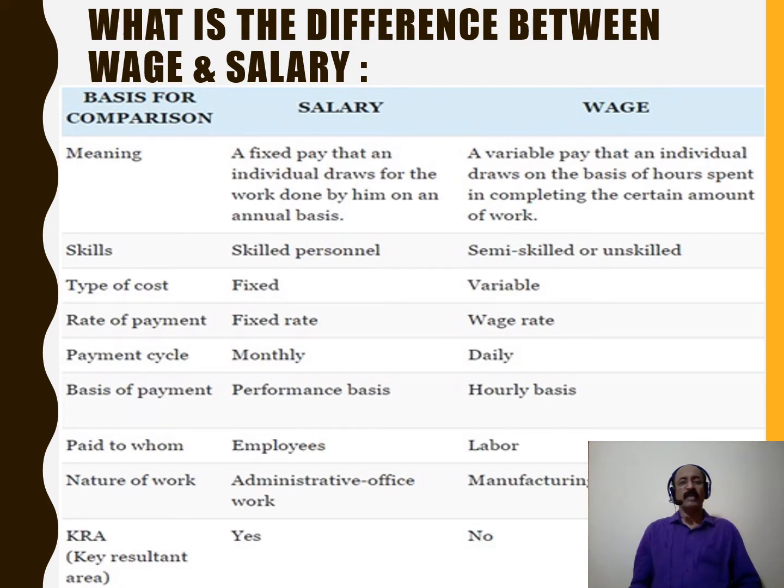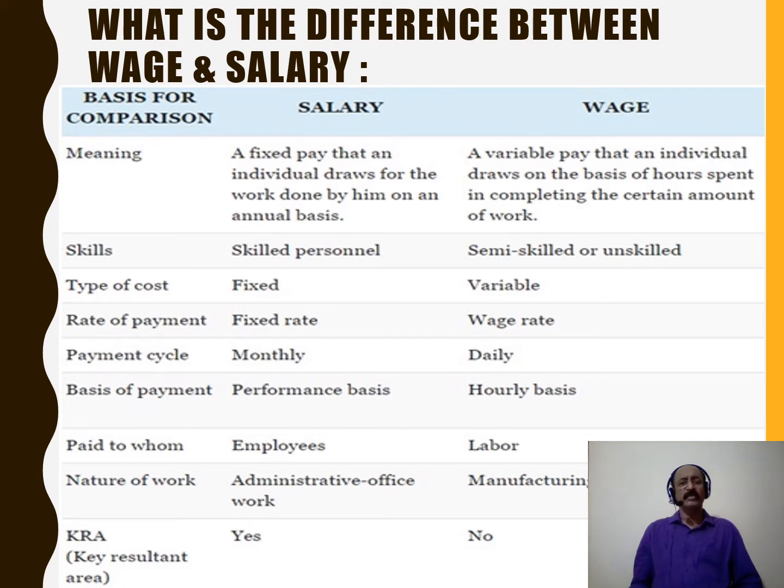As far as skills are concerned, even though the PowerPoint mentions that salary requires a skilled person and wage requires semi-skilled or unskilled, I do not fully agree with that. Even in wages, skilled personnel are required. Now, type of cost: in salary it is a fixed cost, whereas in wage it is variable, because based on the skill or the nature of the work, the rate of wage may also change.